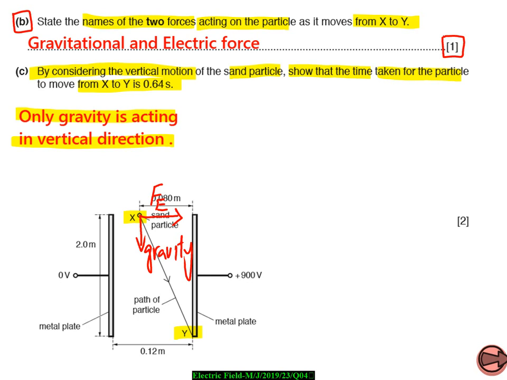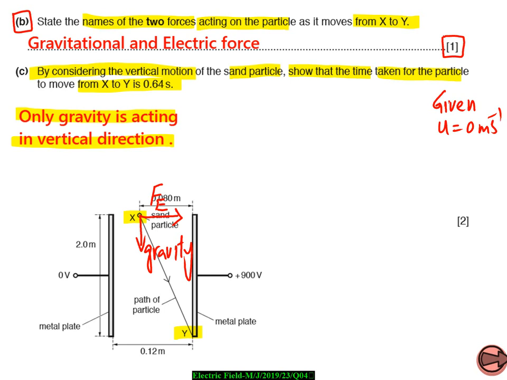First, it is given that the particle started from rest, so u is equal to 0 meters per second. As the particle is only in a gravitational field and there is no other force acting on it, we can say that a is equal to g, because the only force acting on the particle is gravity.